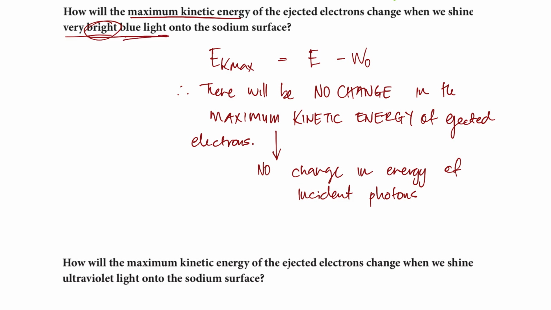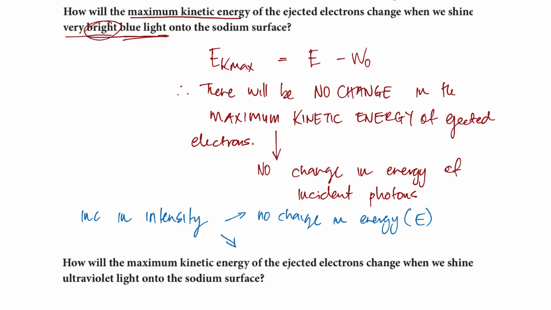So what's actually happening here is when the intensity of the light is changed, there's no change in energy and there's no change in the work function. So if I have an increase in intensity in this situation, it will result in no change in energy, as in the energy of your photon, and there's going to be no change in the work function.